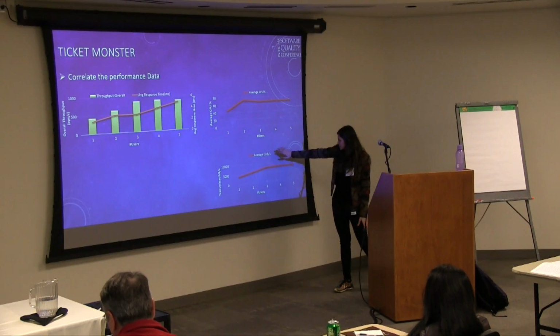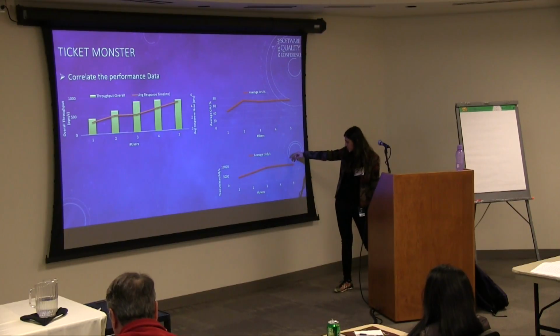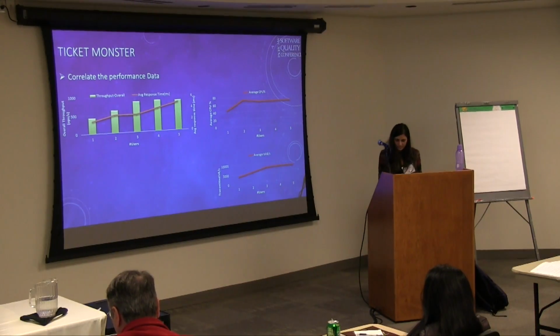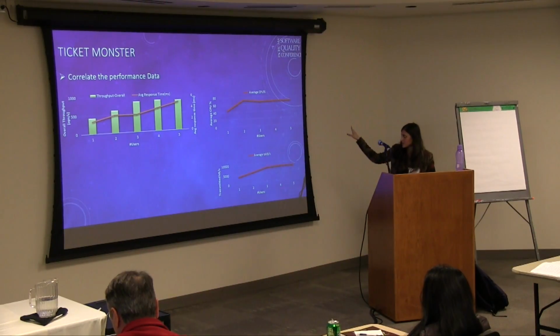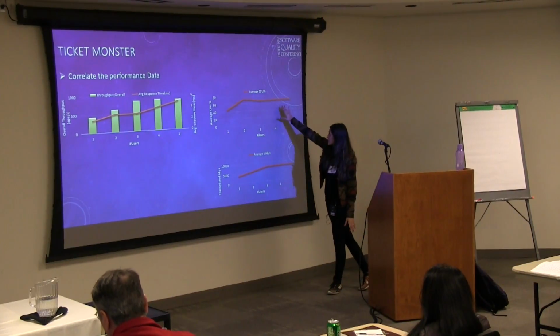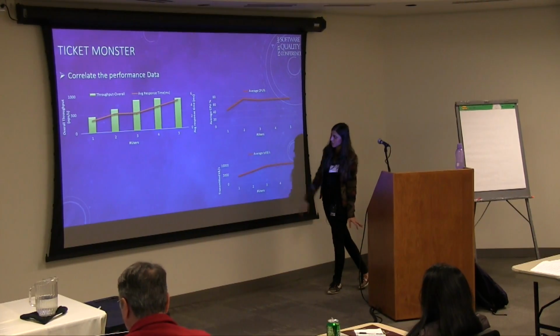So we see this data. This seems to be in sync with what we have seen so far. After 3 users, it also kind of plateaus. The CPU utilization also kind of plateaus, and even the throughput.